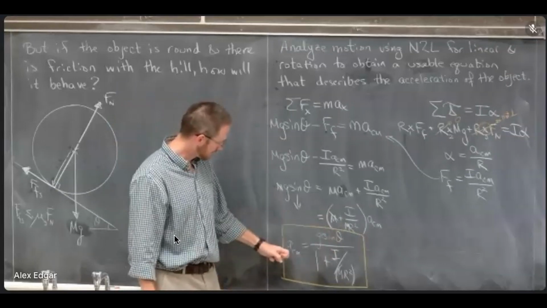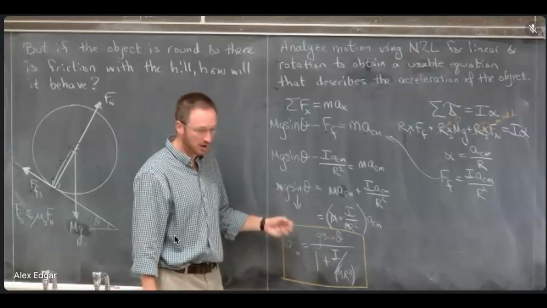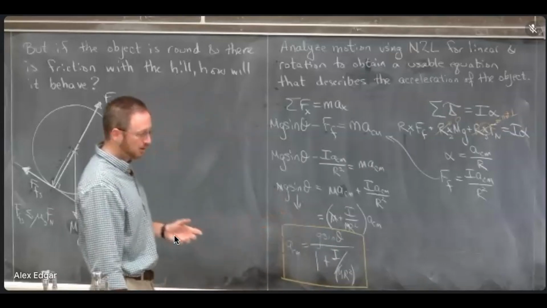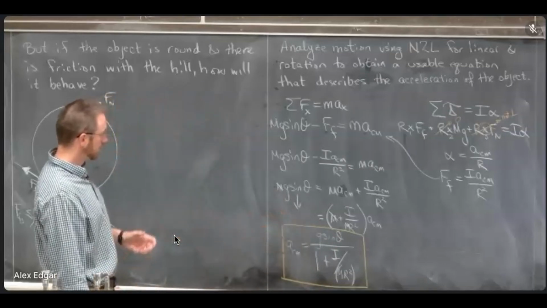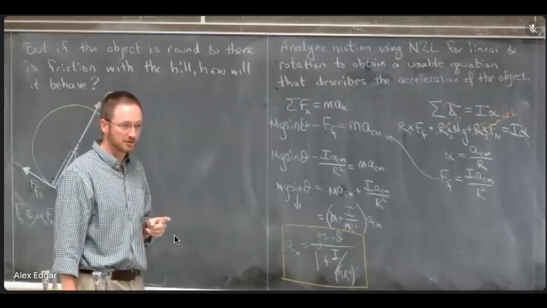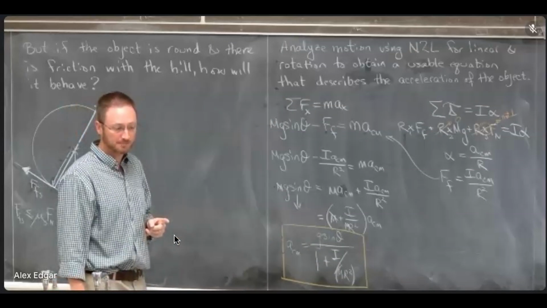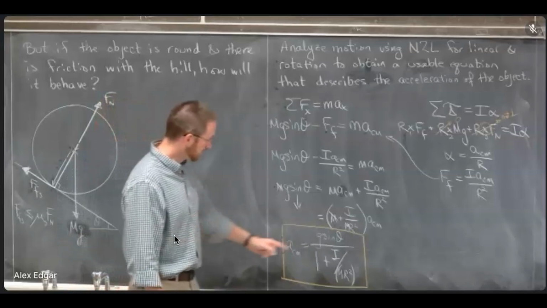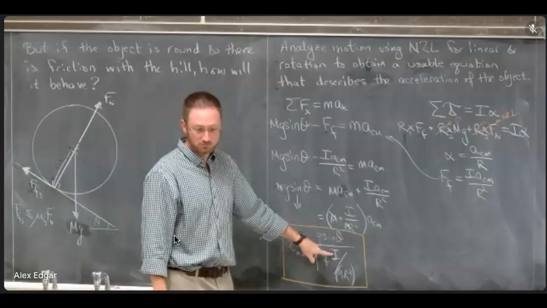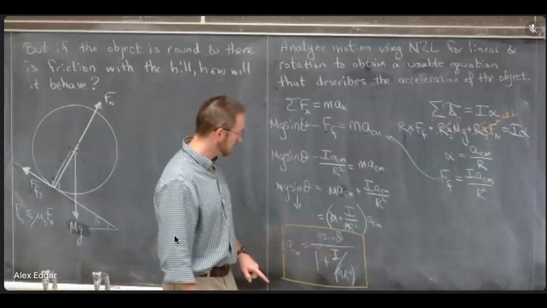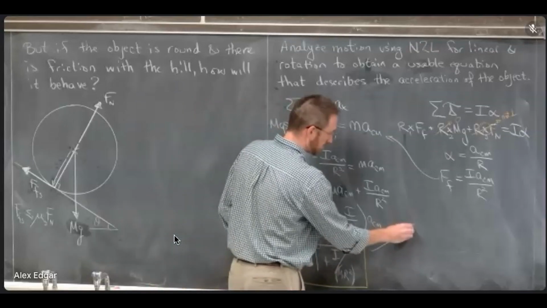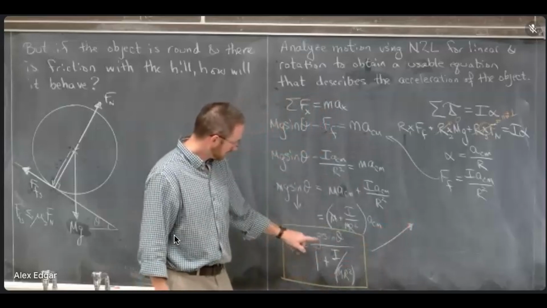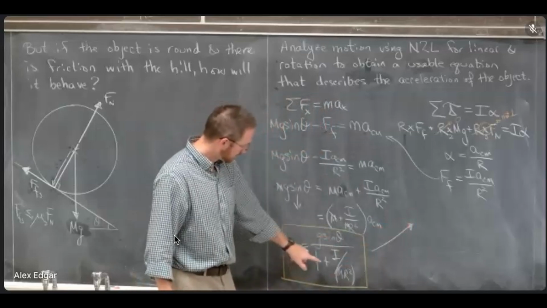Now let's pause here for a second and consider a couple of what-if scenarios. What if we have that air puck situation that I started the video with, where it's not rotating? All right, if it's not rotating, the rotational inertia is 0. And then what we have is g sine theta divided by 1 plus 0.